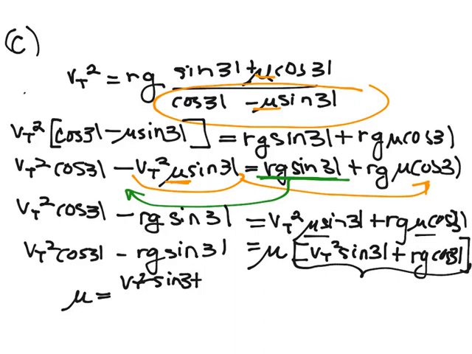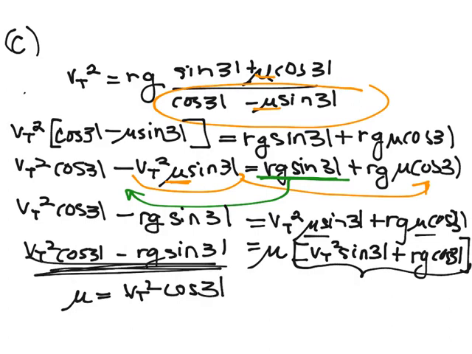I made a mistake. It's vt squared cos 31, because this is what was on top.